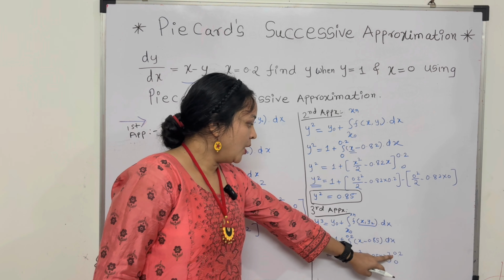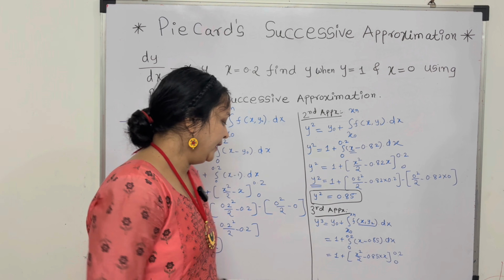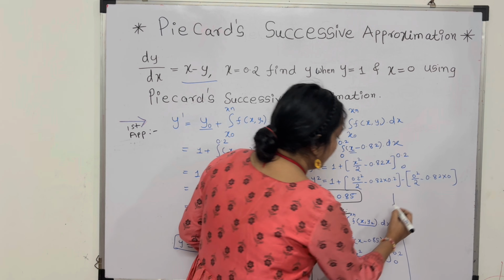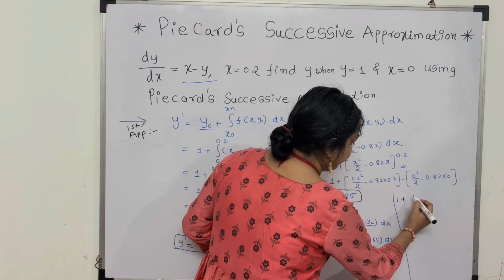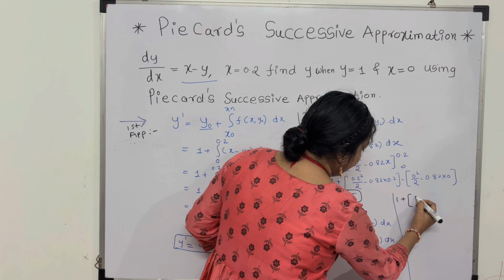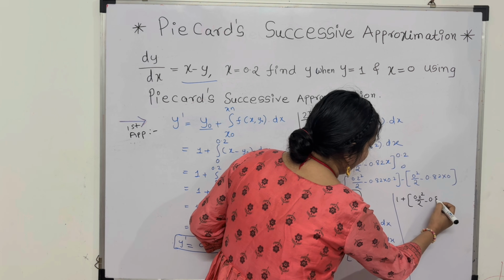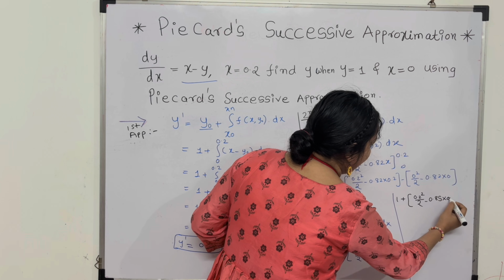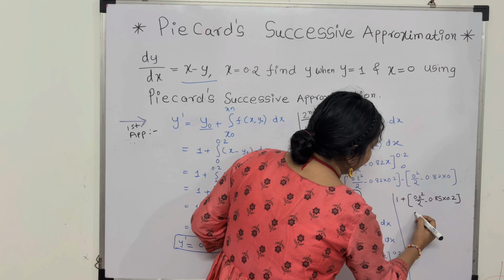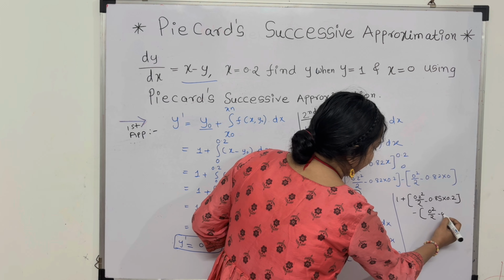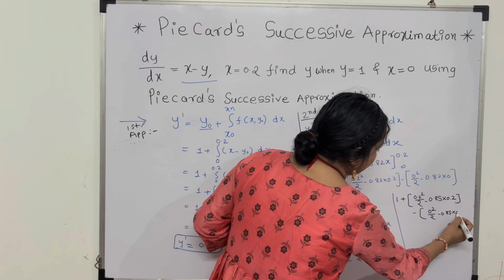So you are supposed to put the limits over here, right? That value becomes again 1 plus 0.2 square by 2 minus 0.85 multiplied by 0.2, minus 0 square by 2 minus 0.85 multiplied by 0.